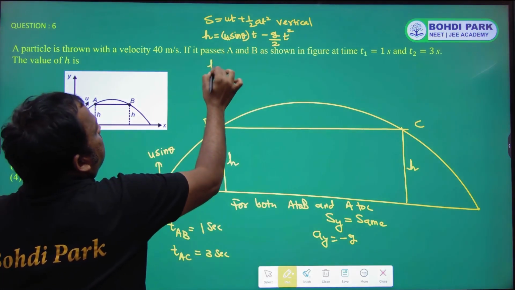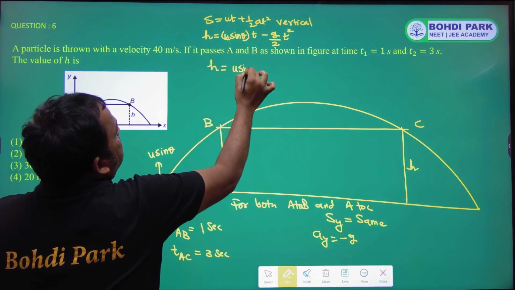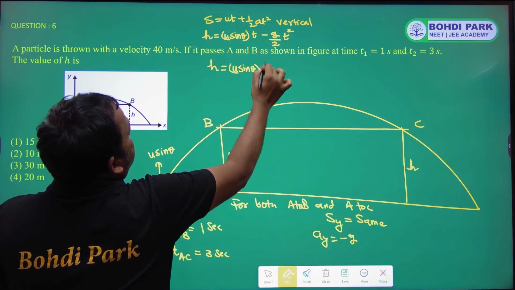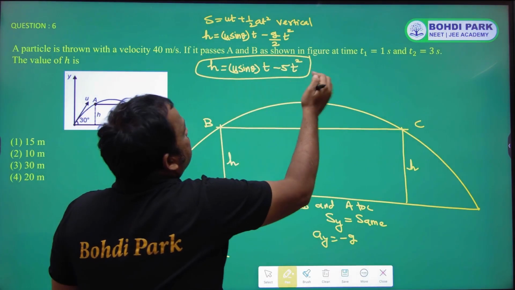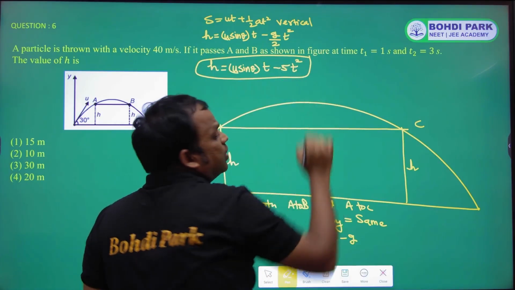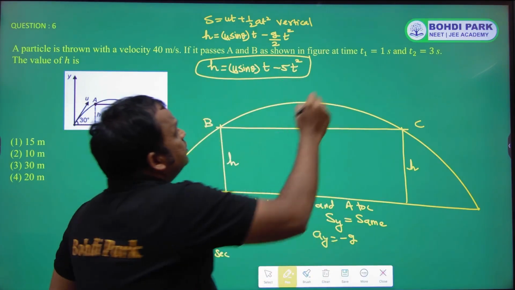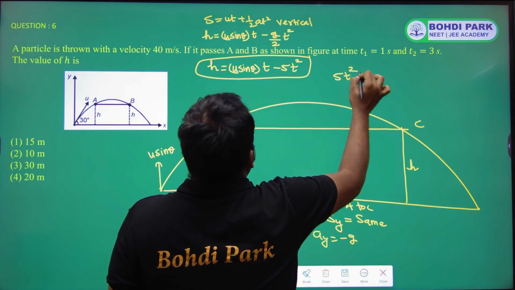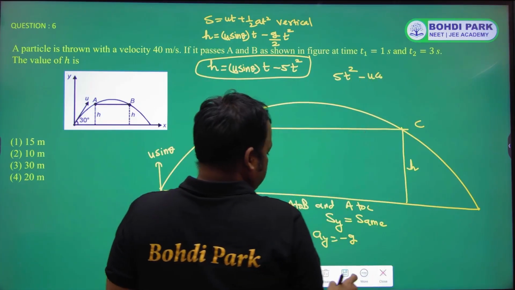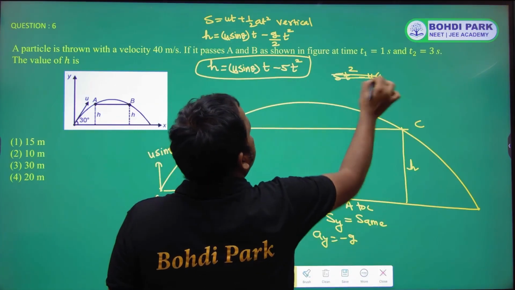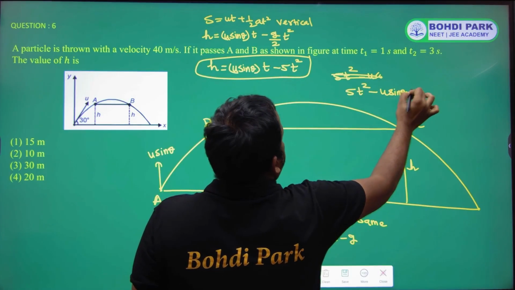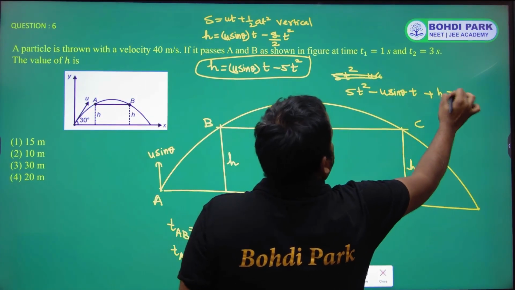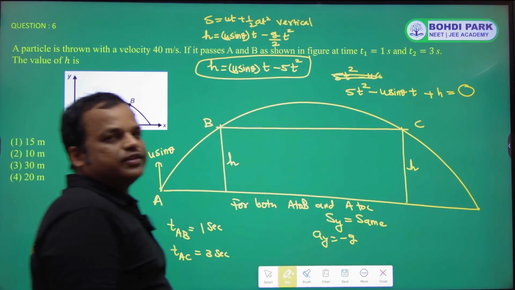So h is equal to u sin theta into t minus 5 t square. So let's make it in proper quadratic equation form. So it will be 5t square minus u sin theta into t plus h is equal to 0.